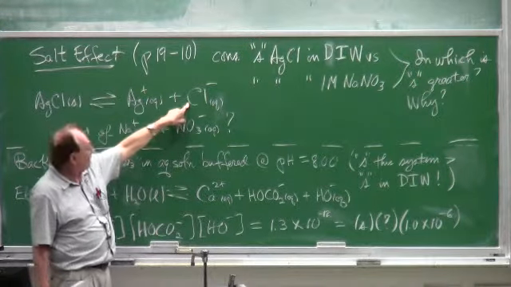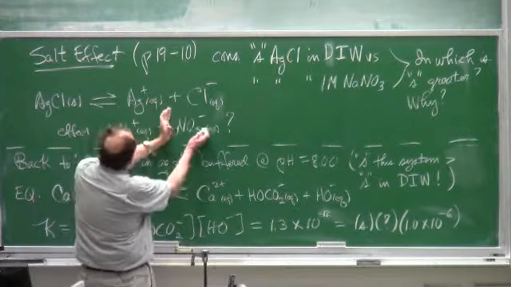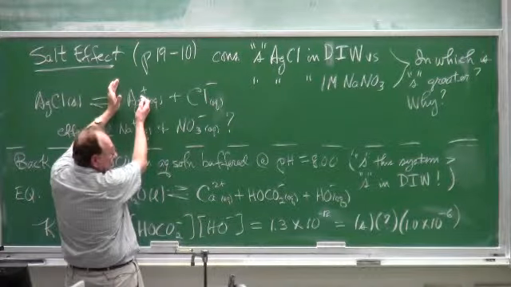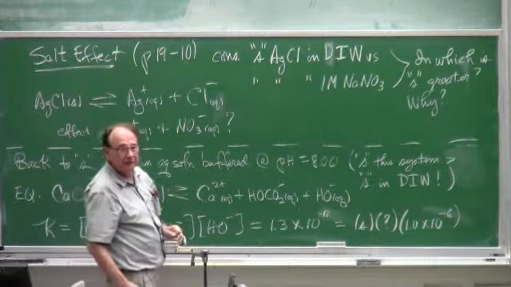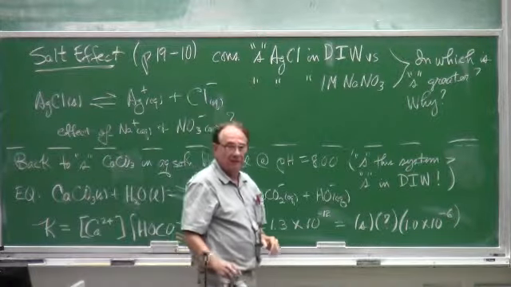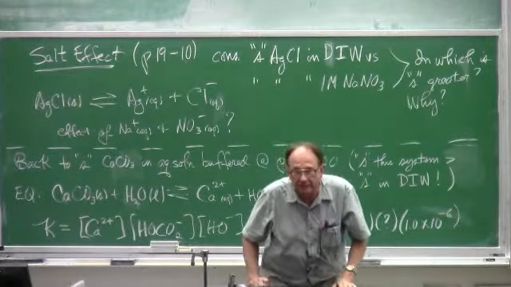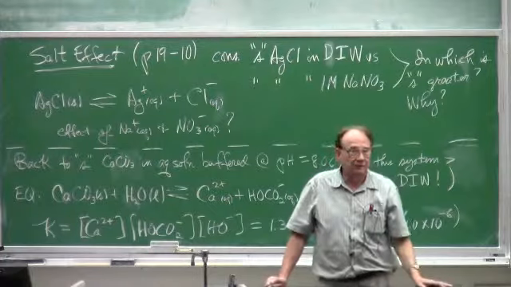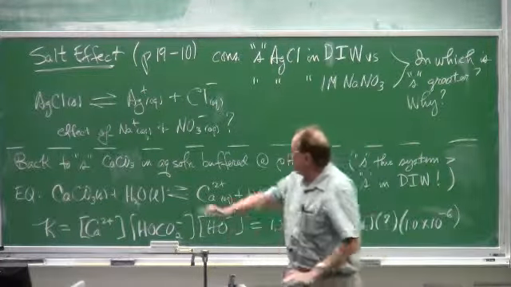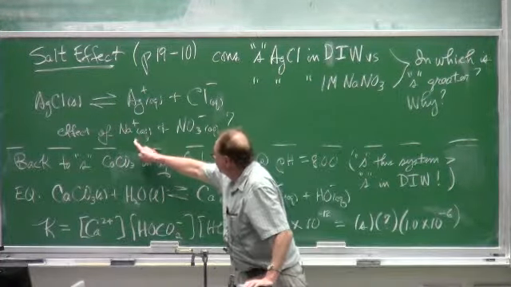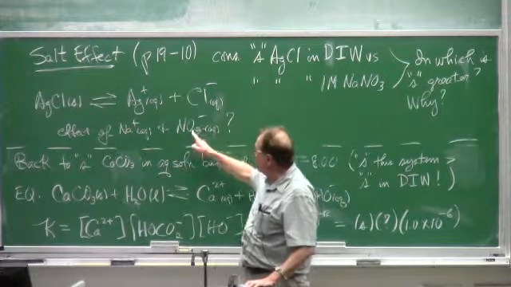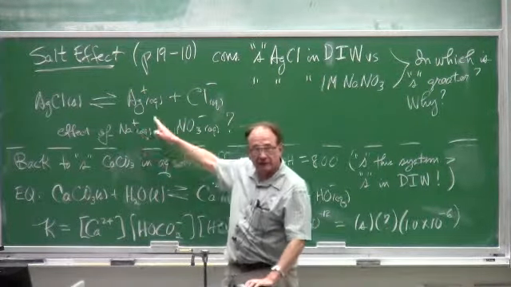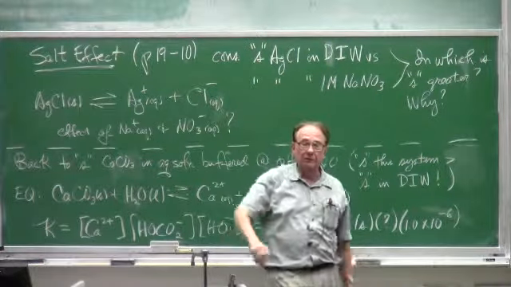And in addition, realize, while nitrate ions travel towards silver ion, are sodium ions going to travel along with the nitrate ions toward the silver ion? As sodium ions are attracted to chloride ion, will nitrate ions travel along with the sodium ions as they travel toward chloride ion?